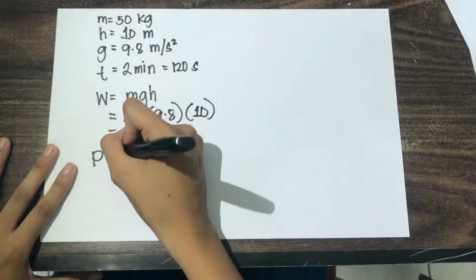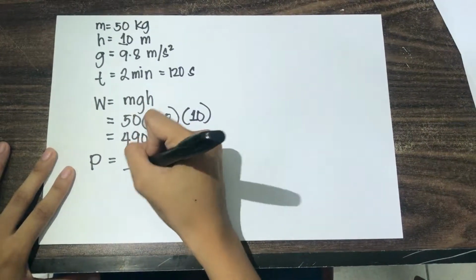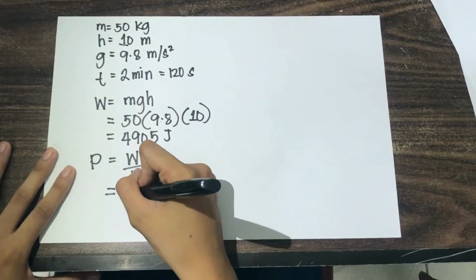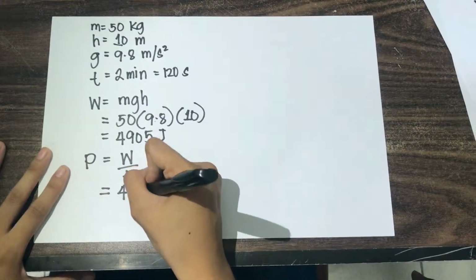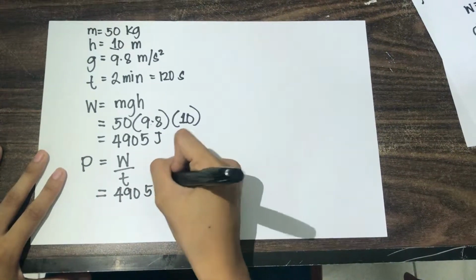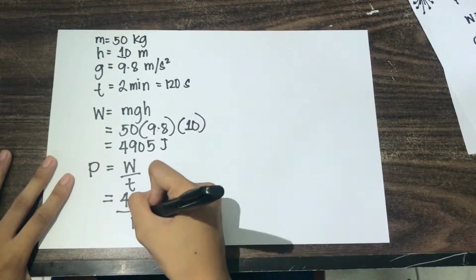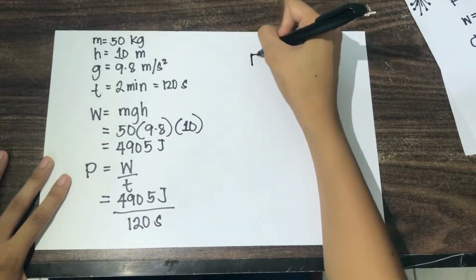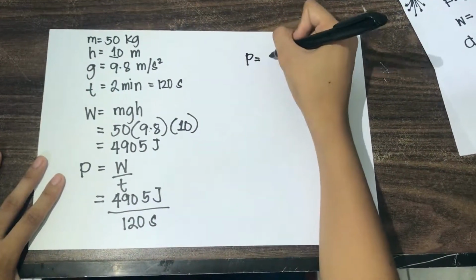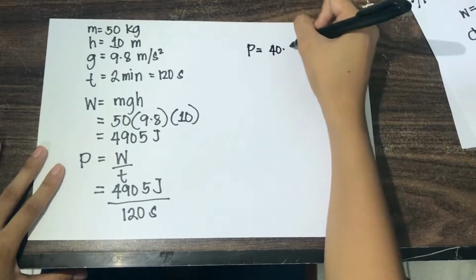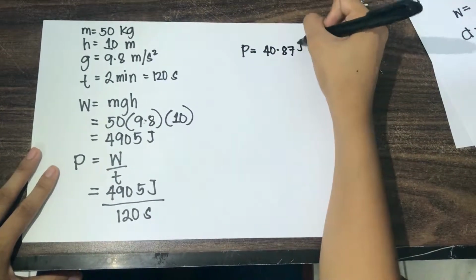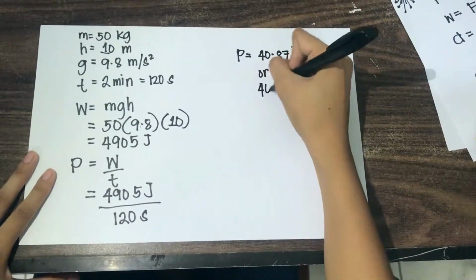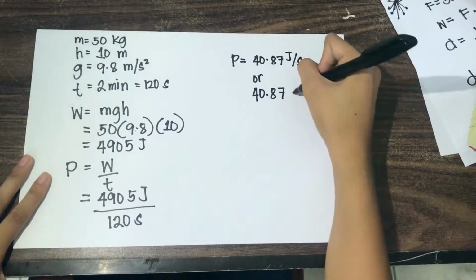Power is equal to work over time. Substitute. Power is equal to 4,905 joules over 120 seconds. Power is equal to 40.87 joules per second, or 40.87 watts.